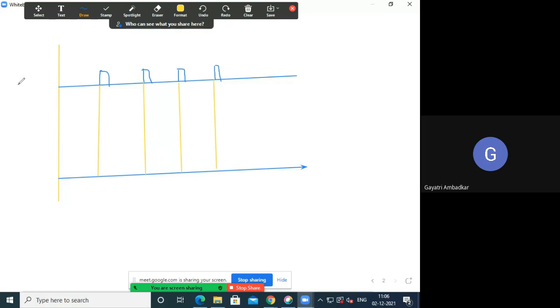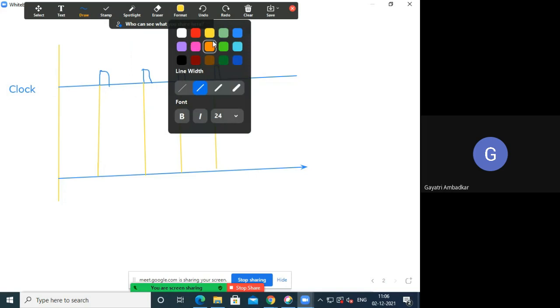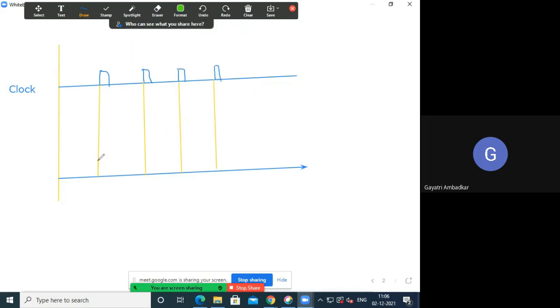So this is your clock. What is this clock? So when there is a high clock, your output of DAC count it as 1 pulse. 1 pulse is counted here.